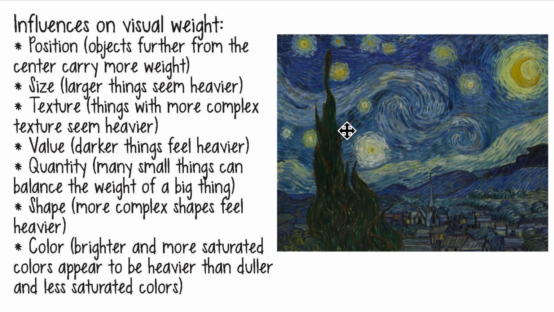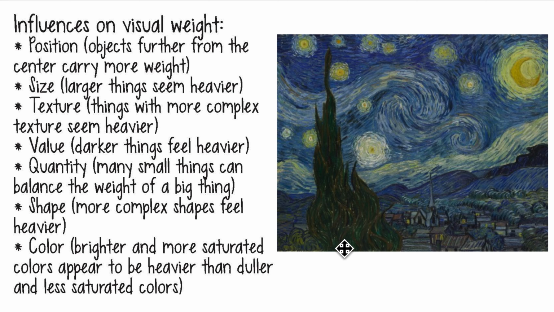So this has more weight because it's away from the center. Obviously size, right? The bigger the object, the heavier it would feel. Texture. When you have things that are more complex in texture, like this, it seems heavier. Less complex texture, lighter. And you talk about color too.